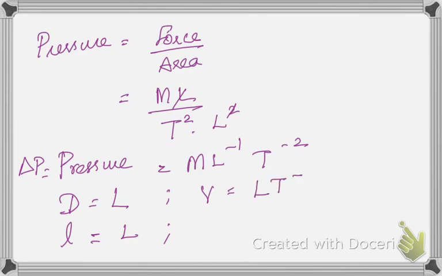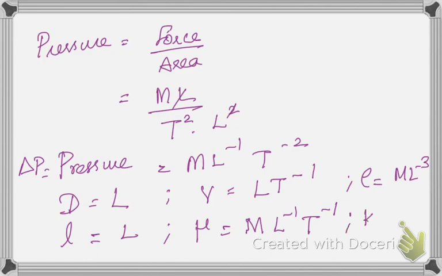So L T power minus 1. And next is our viscosity. The dimension is M L power minus 1 T power minus 1. And density, the dimension is mass by volume, so M L power minus 3. And finally we have our roughness K. K is going to be L. So this is how we have to write the dimensions for each and every term.